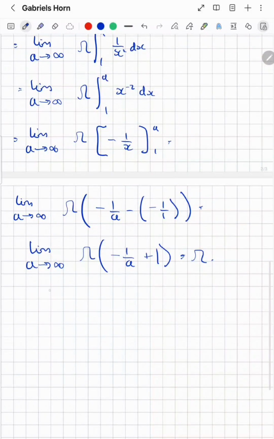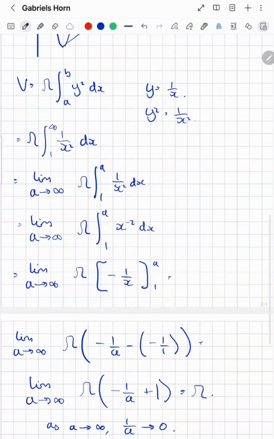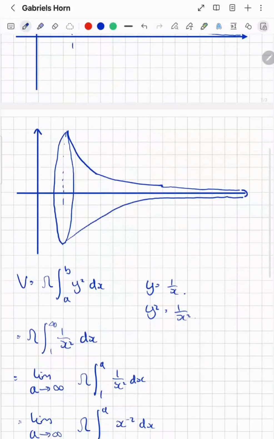The reason for this is because as a tends to infinity, 1 over a tends to 0. Now, what we can infer from this is the volume of this horn between 1 and infinity is pi.